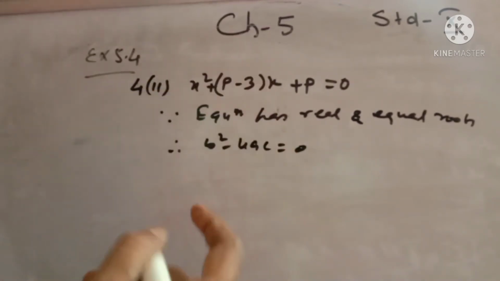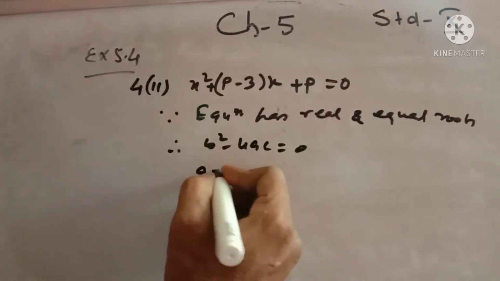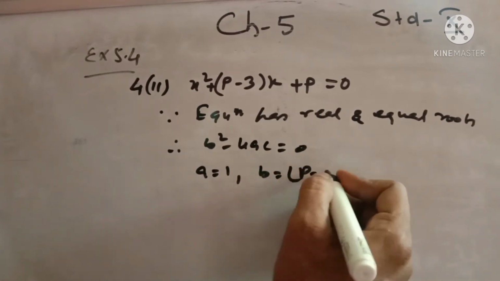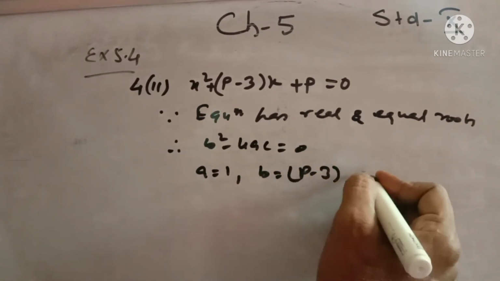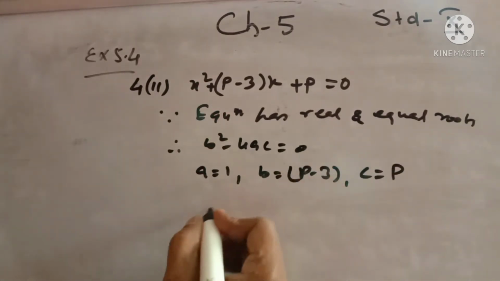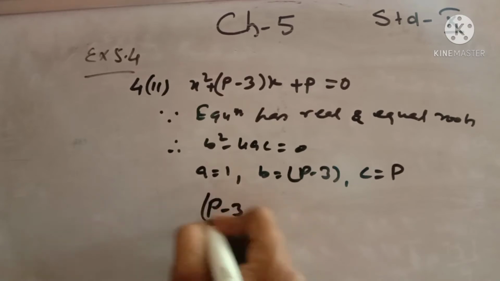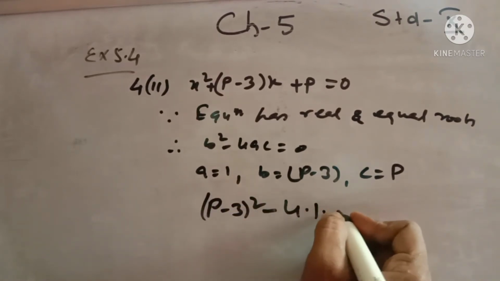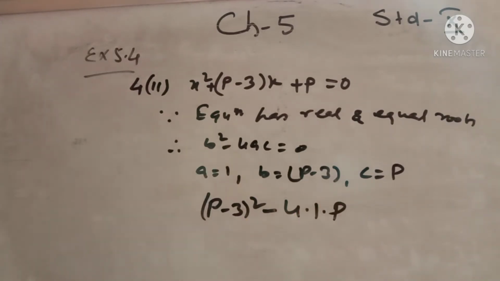Therefore a equal to 1 and b equal to p minus 3 and c equal to p. So b square minus 4ac I can write as p minus 3 whole square minus 4 into 1 into p. Write down.